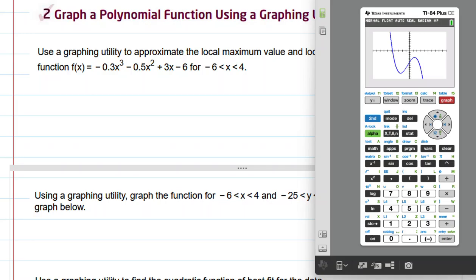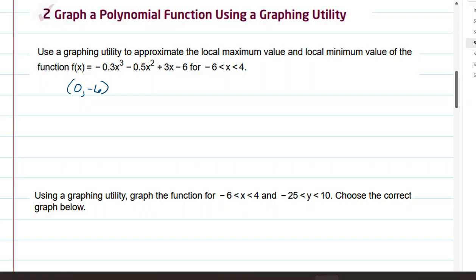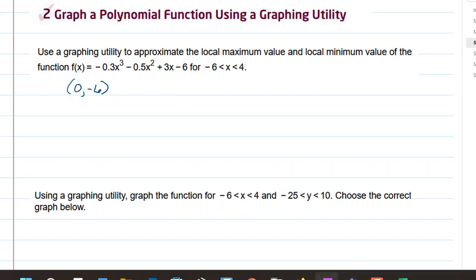So we've got our graph, and the y-intercept is the easiest. We're going to do a second calc, value, and enter 0 for x, and our y-intercept is 1. That one's the easiest to get, always.